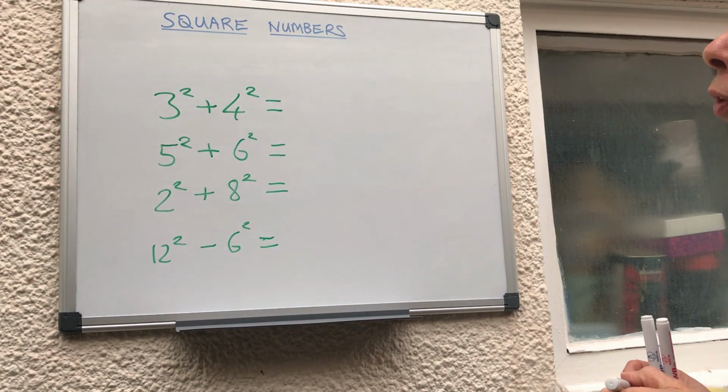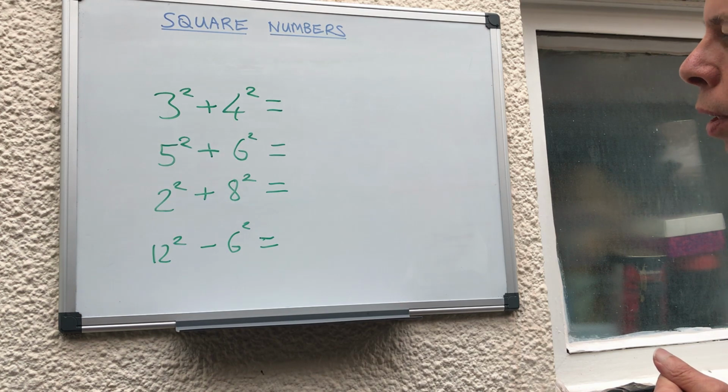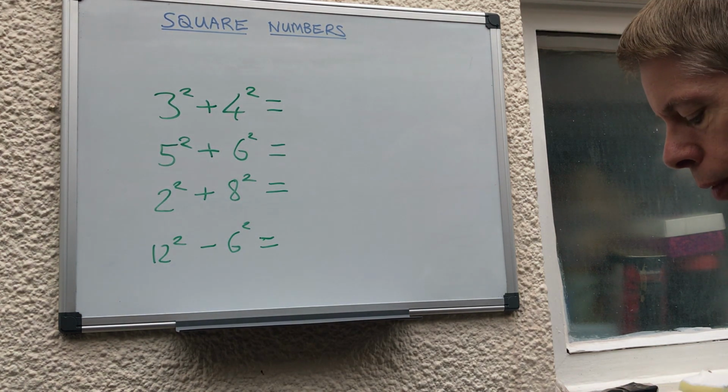Okay, so 3 squared plus 4 squared, 5 squared plus 6 squared, 2 squared plus 8 squared, 12 squared minus 6 squared.